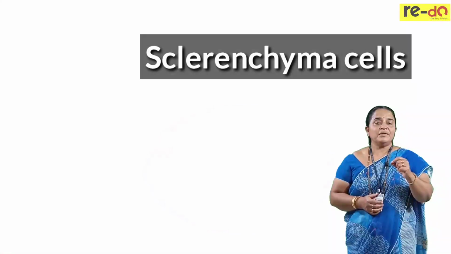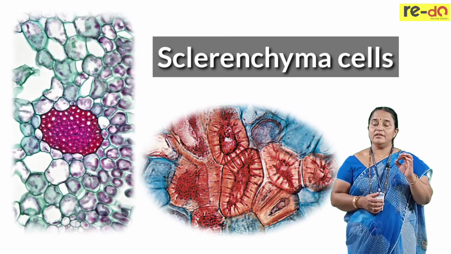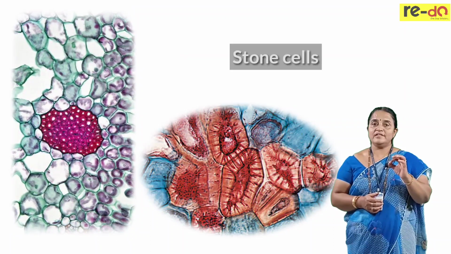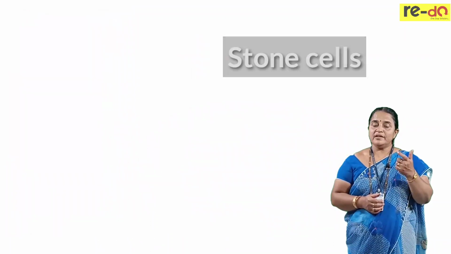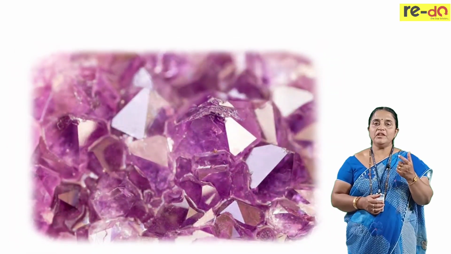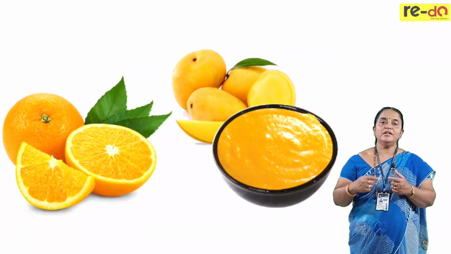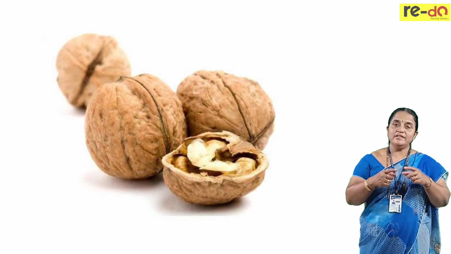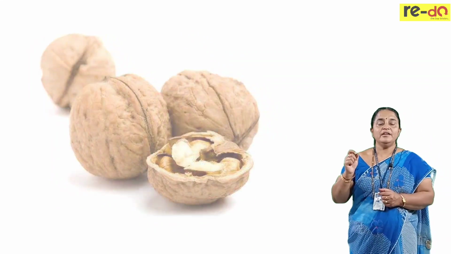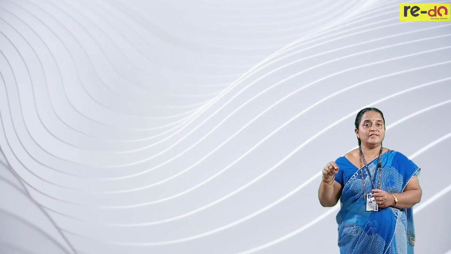The sclerenchyma cells which are hard are known as stone cells, gritty in appearance like crystals. They are usually found in the pulp of the fruit, seed coat, dry fruit wall. These are the locations where we find variously shaped cells.